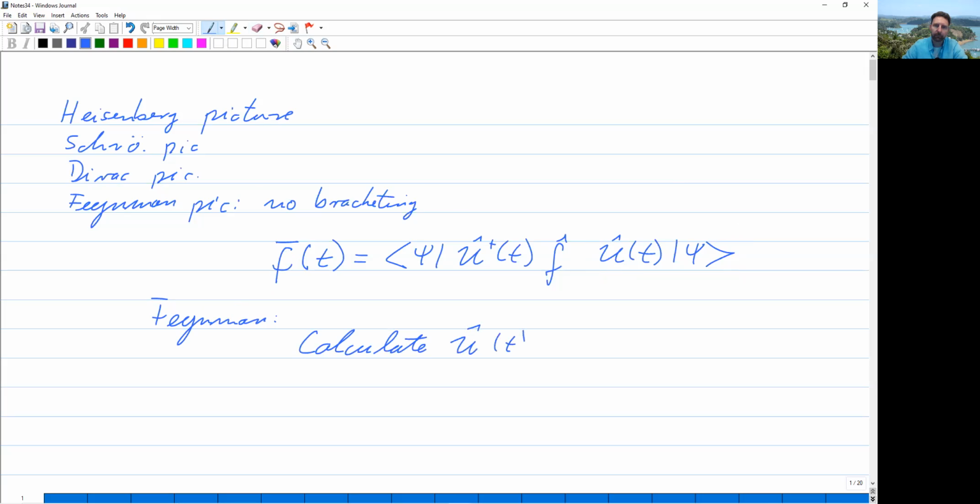Obviously, once you have u hat of t, you can predict the evolution of everything. You can immediately write down what the time-evolved Schrödinger vectors are, or you can also write down what the time-evolved Heisenberg observables are. So the Feynman picture is definitely equivalent.